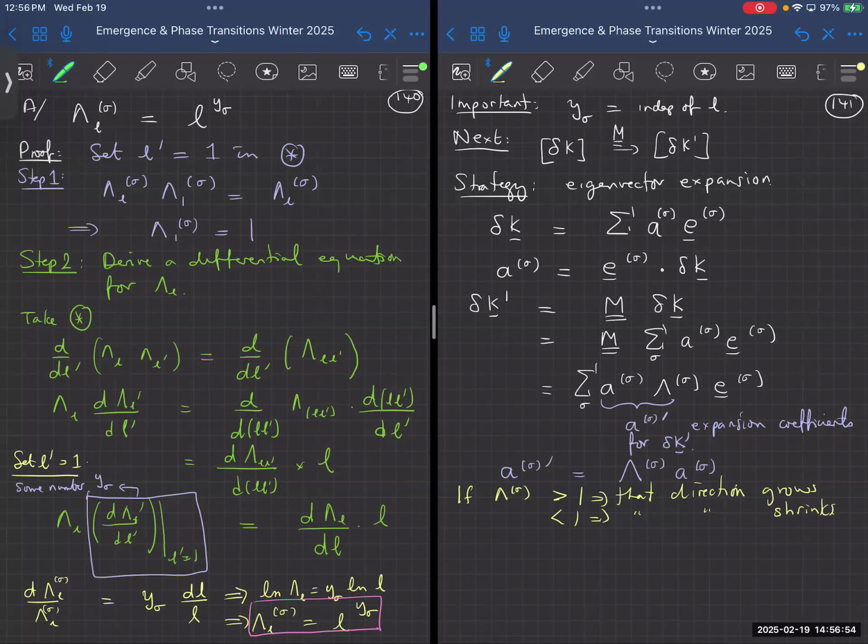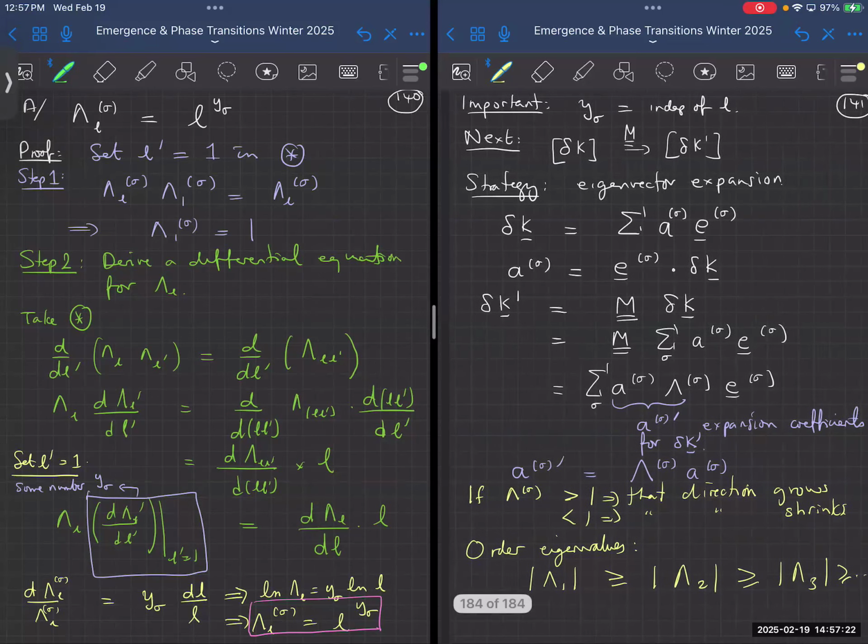And so what we can do a little bit more formally is we can order the eigenvalues. Technically we would order them by their magnitude. So we'd say modulus of lambda 1 is greater than or equal to the modulus of lambda 2, is greater than or equal to the modulus of lambda 3, and so on and so forth.